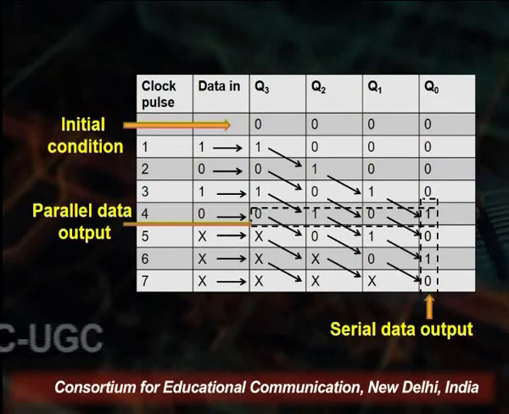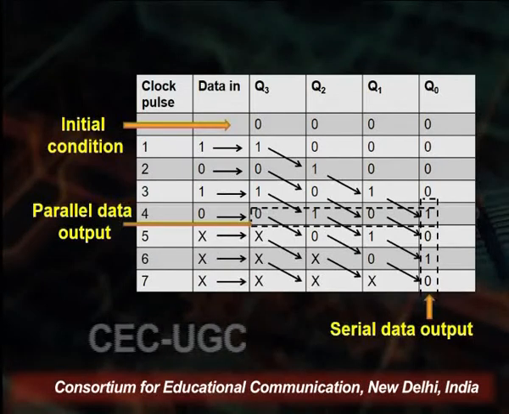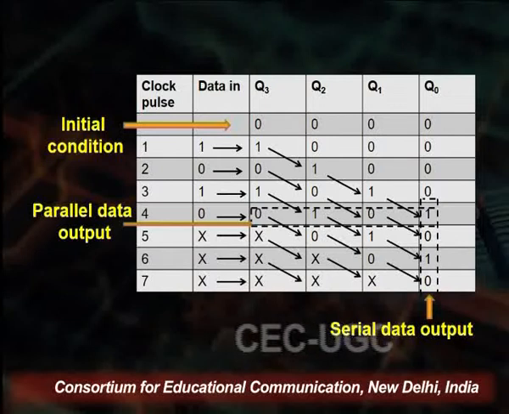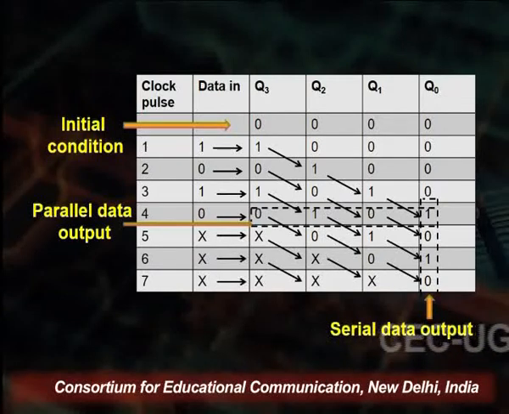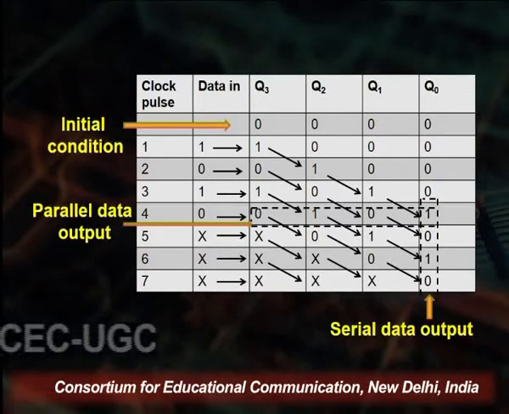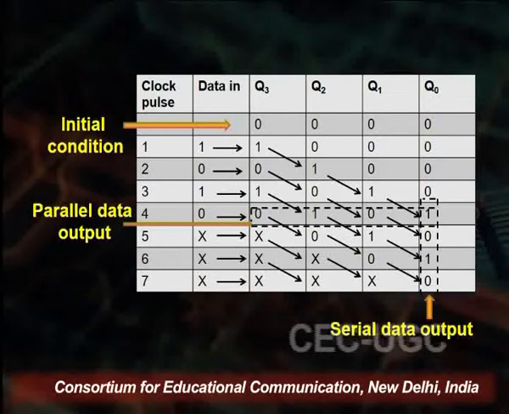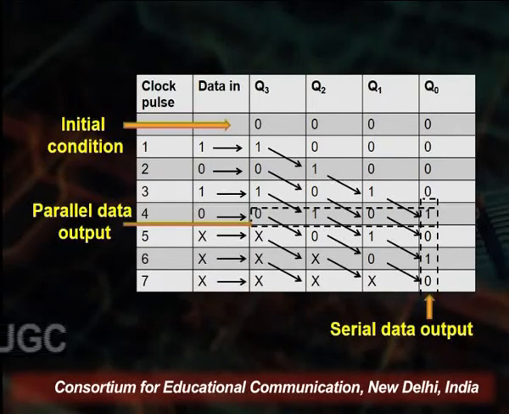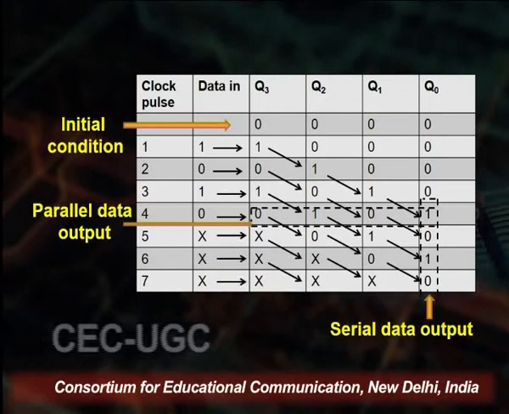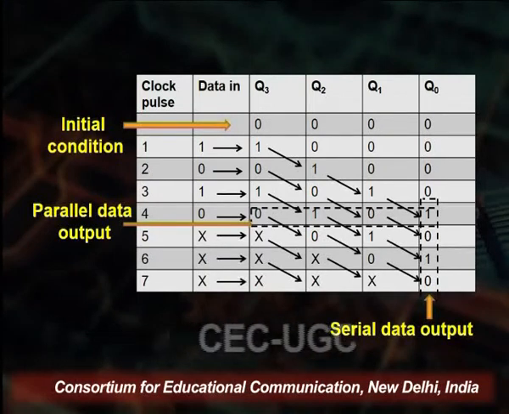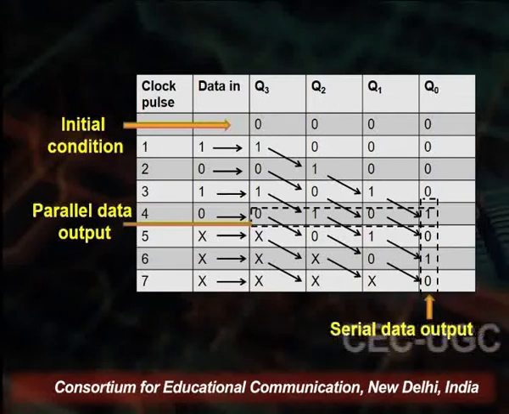The 0 that was present there due to clearing of all the flip-flops moves to the output of the next flip-flop, that is Q1. The output of Q1 moves to Q2 and the output of Q2 moves to Q3. That is, this happens after the first clock pulse.